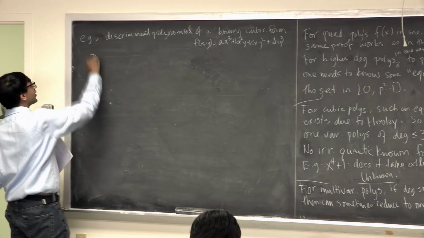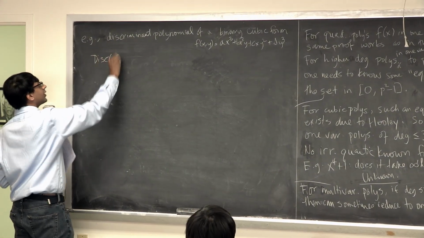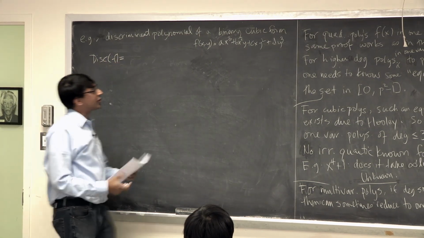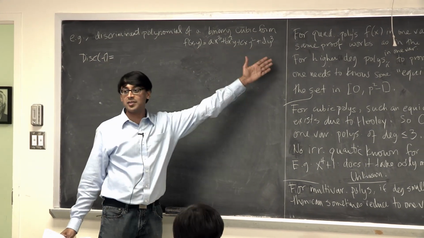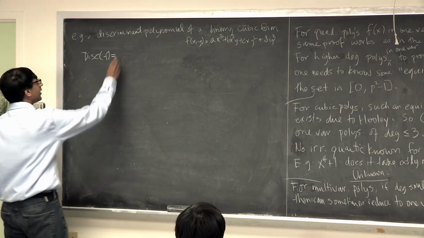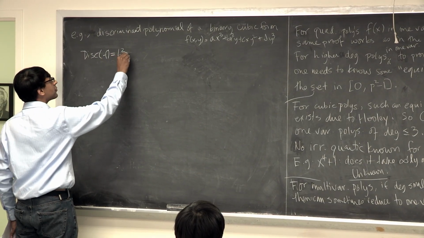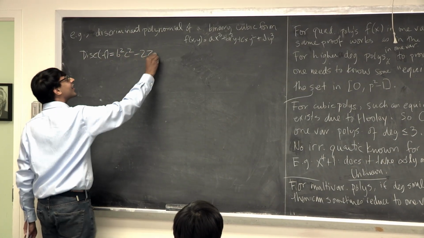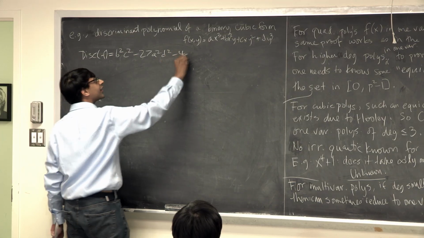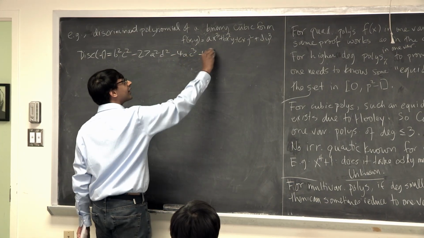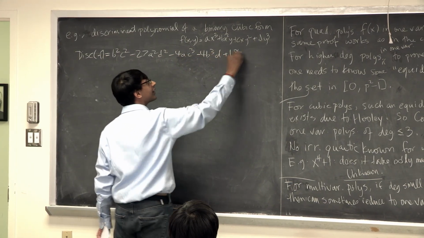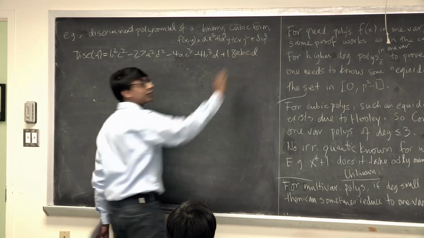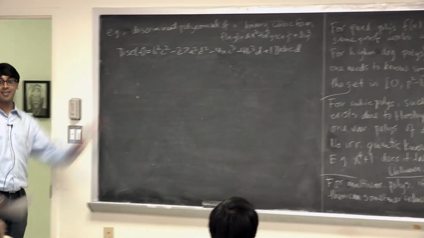Then the discriminant of f, instead of b squared minus 4ac, is a degree 4 function in a, b, c, and d, which because I play around with it so much, I remember. It's not so bad, right?